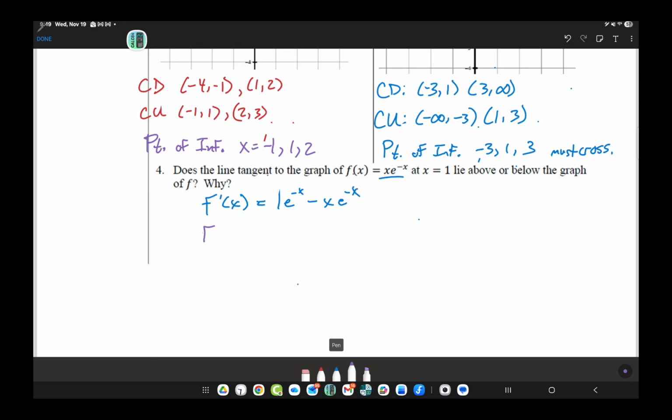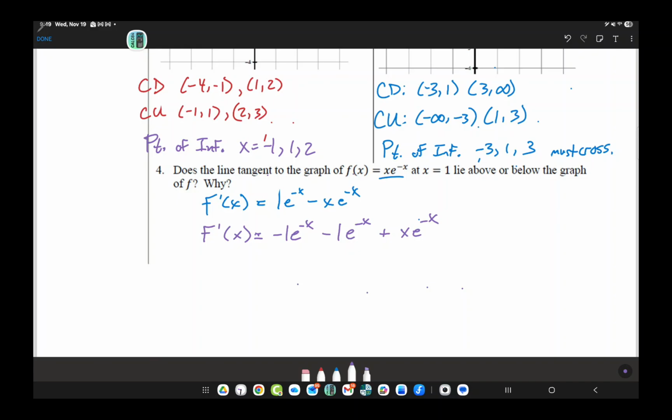All right, second derivative. Now, the nice thing about this is that just becomes negative 1 e to the negative x. This becomes negative 1 e to the negative x plus x e to the negative x. Now, if you notice here, you can factor out an e to the negative x.